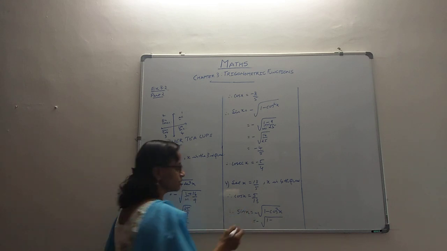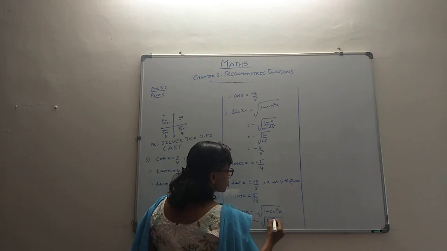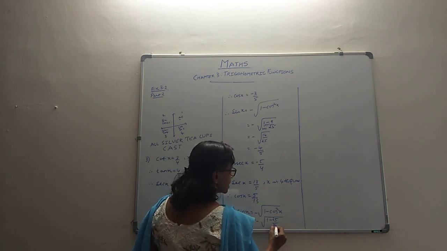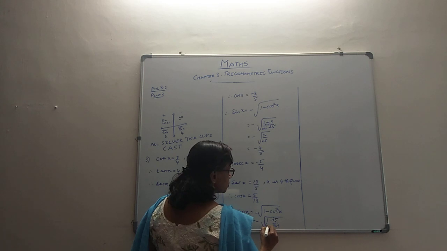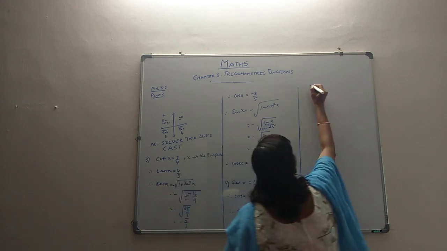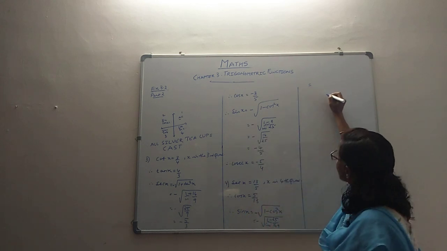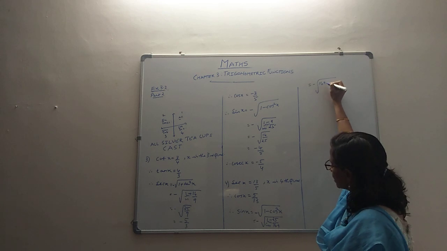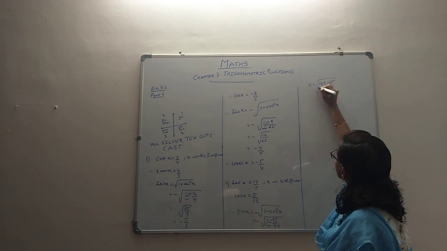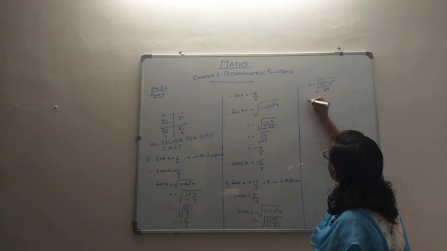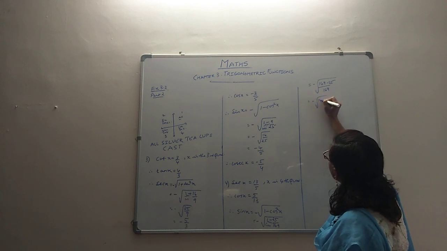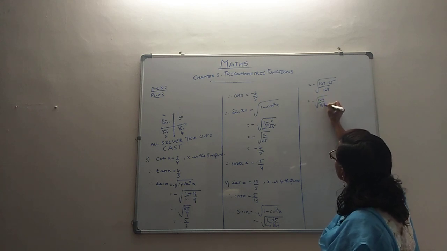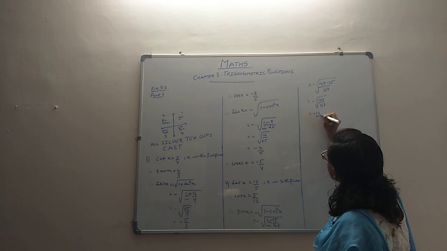If you don't know it, we will substitute and find out. Cos squared x is going to be 25 by 169. And when we solve this, 169 minus 25 by 169 comes to 144, root of 144 by 169, which is minus 12 by 13.